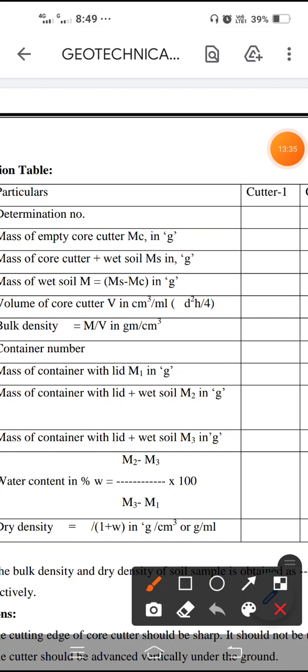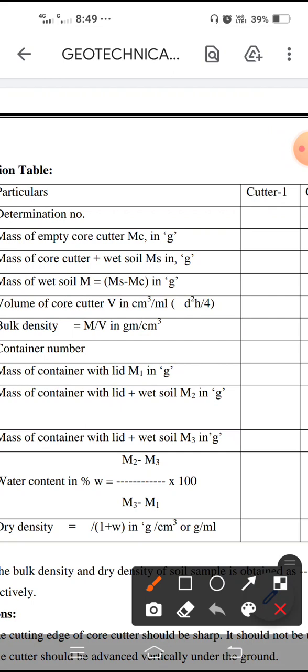And then the mass of the core cutter plus wet soil, that is M2, which we obtain after we collect the core cutter by excavating the surrounding soil and measuring its weight in the laboratory on the weighing balance.